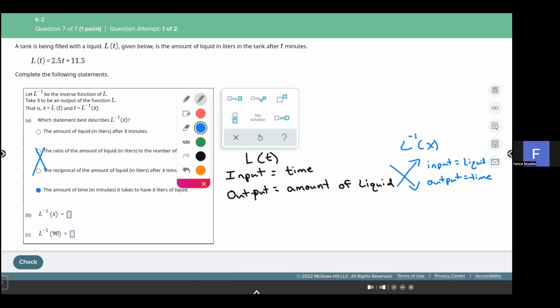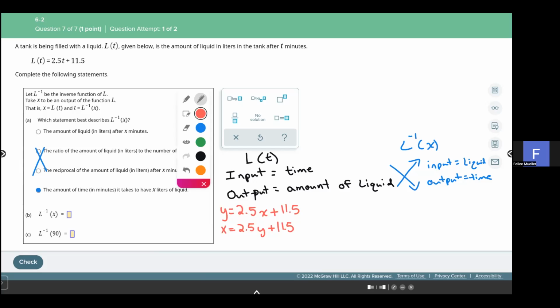All right, and then they actually want you to solve for your inverse. Linear equations are pretty easy. y equals 2.5x plus 11.5. We switch x and y. And then we're going to solve for y.